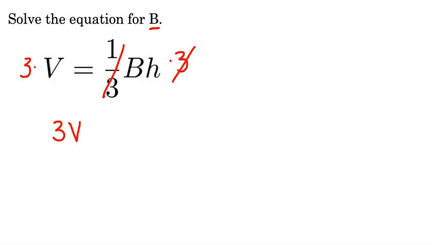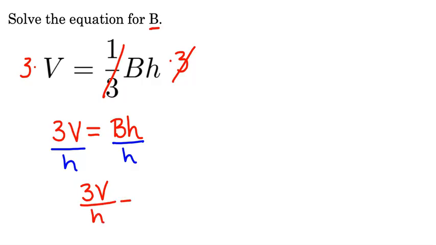And we are left with 3v on the left side equals b times h on the right side. Then we're going to solve for b by dividing both sides of the equation by h. And we have 3v divided by h equals b. And we've rearranged the formula to isolate the b, or solve for b.